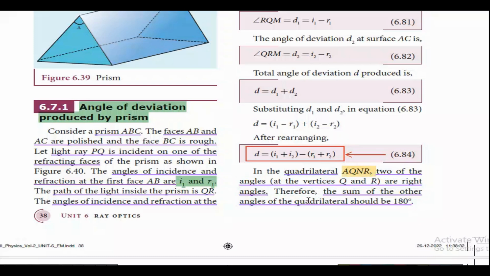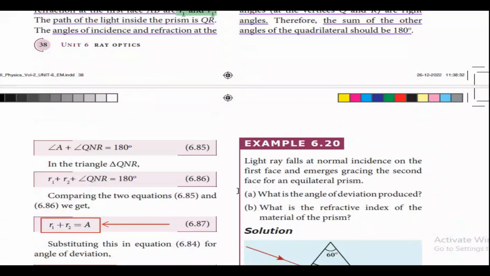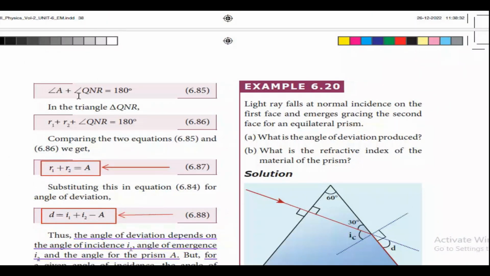Therefore, the sum of the other angles of the quadrilateral should be equal to 180 degrees. That means angle A plus angle QNR should be equal to 180 degrees. And in the triangle QNR, R1 plus R2 plus angle QNR is given by 180 degrees.